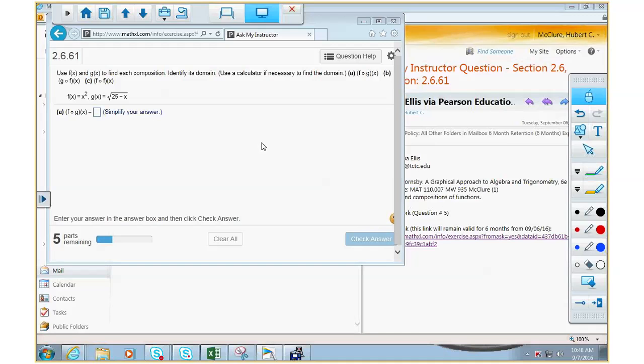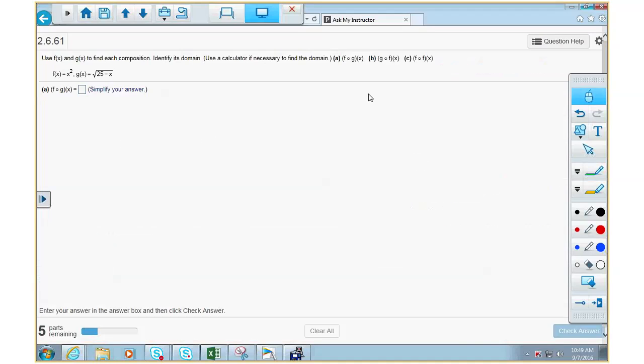The reason is because it has a lot of different things. So take a minute and do it. You got 3 things to do, A, B, and C, using these 2 functions. You don't have to plug in anything, so the only thing you have to do is compose. You don't have to plug in any numbers.